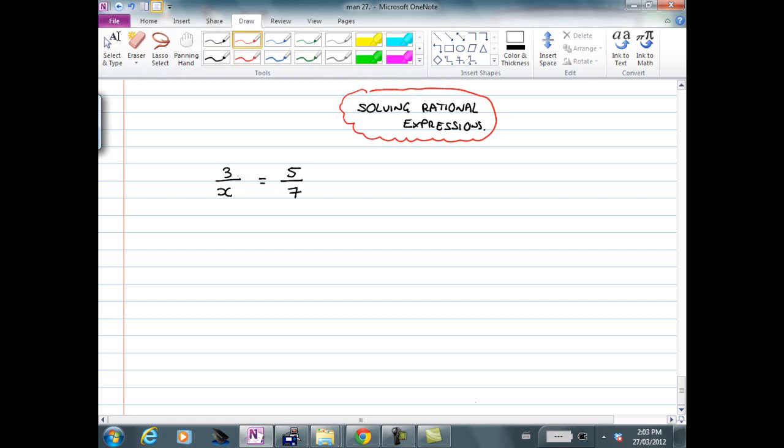Somebody says, hey, Miss Snow, if you have one fraction on the left, one fraction on the right, what you can do is cross multiply. But notice I use the key word, cross multiply only. This technique only works if you have one fraction on each side.